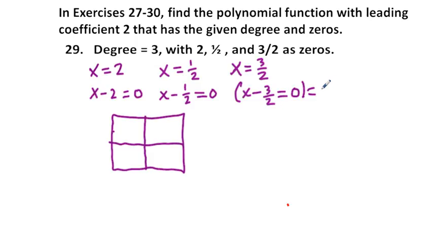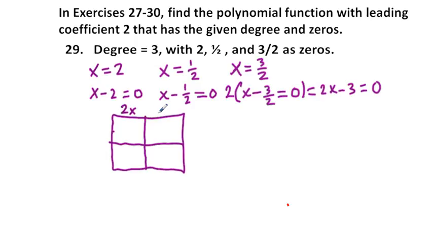What are we going to get? We're going to get 2x minus 3 is equal to 0. So let's go ahead and do that. I'm going to use this equation, maybe a little easier, I hope.